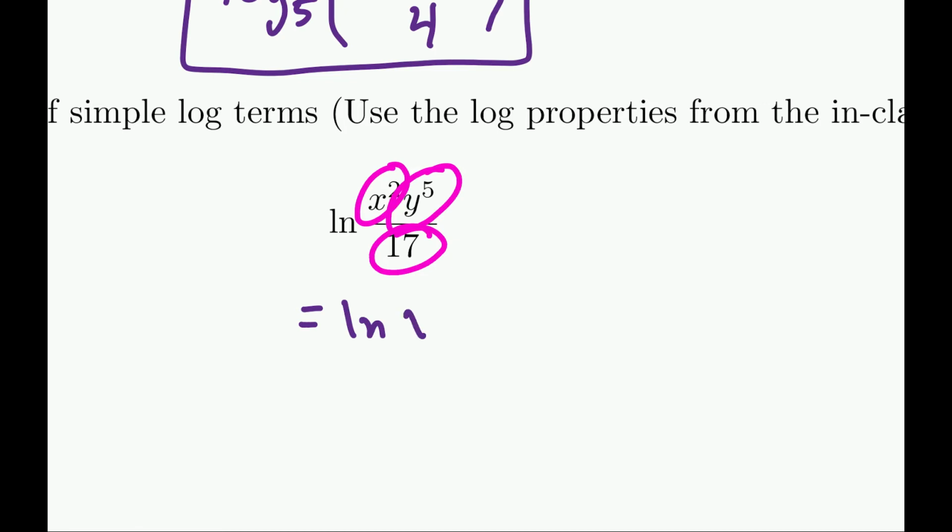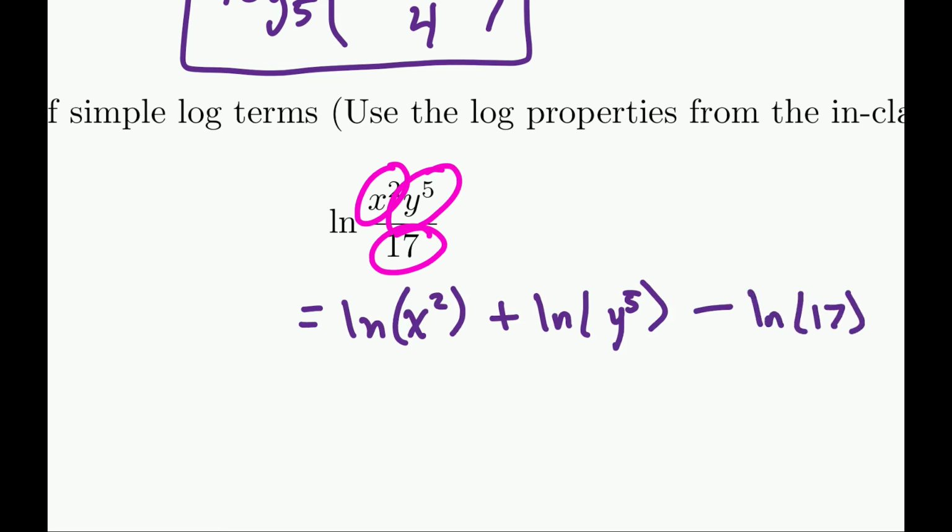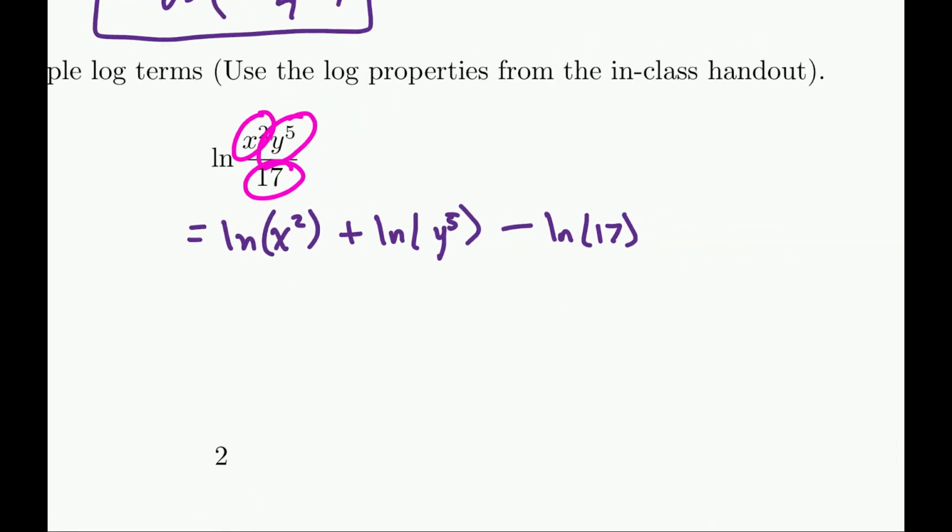So natural log x squared plus natural log y to the 5 minus natural log of 17. Not to the 17, natural log of 17. So the 2 that were on top get plus, plus, and the one that's on the bottom gets a minus. If there were multiple things on the bottom, they would all get a minus. There's just one here. So that's our first identity.